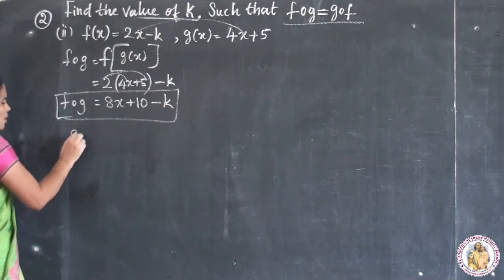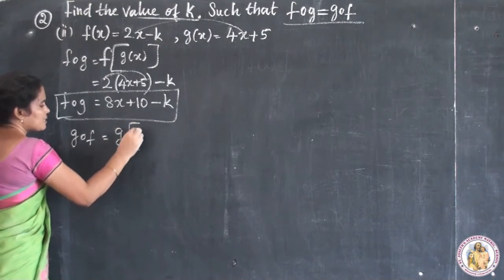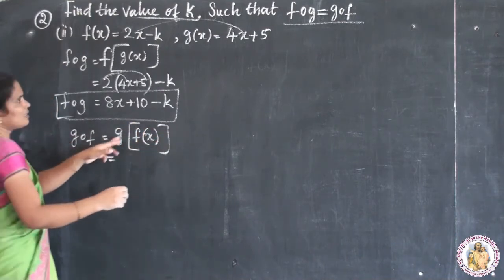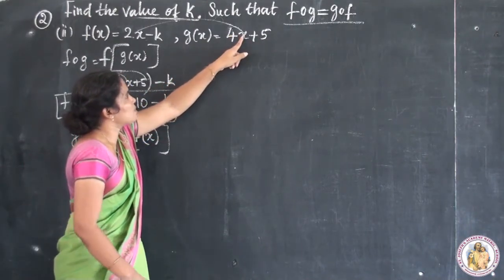Then find g of f. g of f is g of f of x. What is g? g is 4x plus 5. Write this 4 in the place of x.